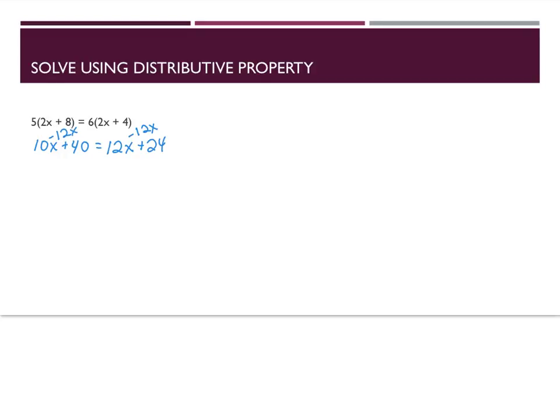Now, technically I have 3 terms on each side. Make sure you follow your rules for combining like terms. The only terms that can combine on the left are the 10x and the negative 12x. 10x take away 12x leaves me with negative 2x's. Now I still have the plus 40 because it didn't combine with anything.